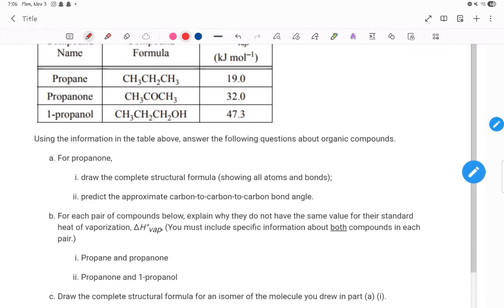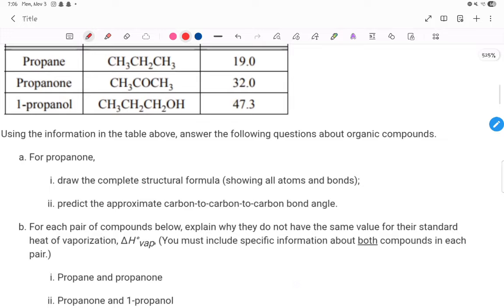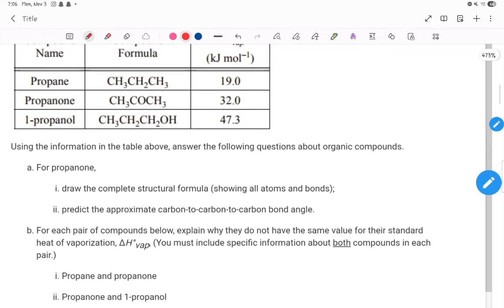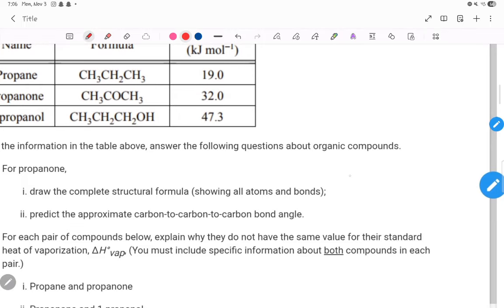For propanone, draw the complete structural formula of propanone. It's going to be C, right? Because propane means we have 3 carbons in the middle. Then here we have H. Oh, sorry, they said propanone.